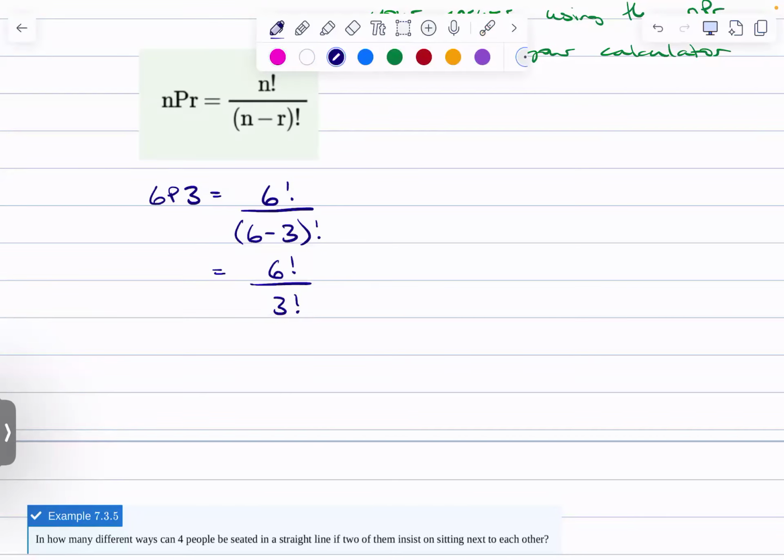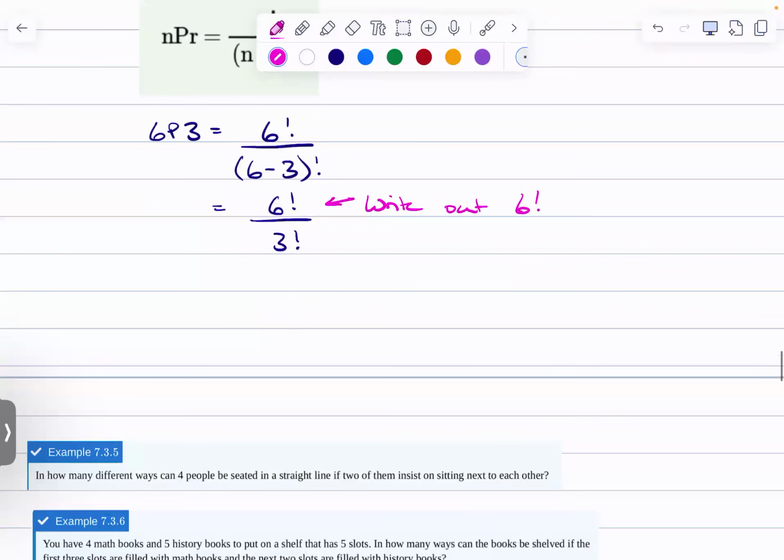So 6 times 5 times 4 times 3 factorial. 3 factorial is just a placeholder for 3 times 2 times 1, so you don't have to write that.